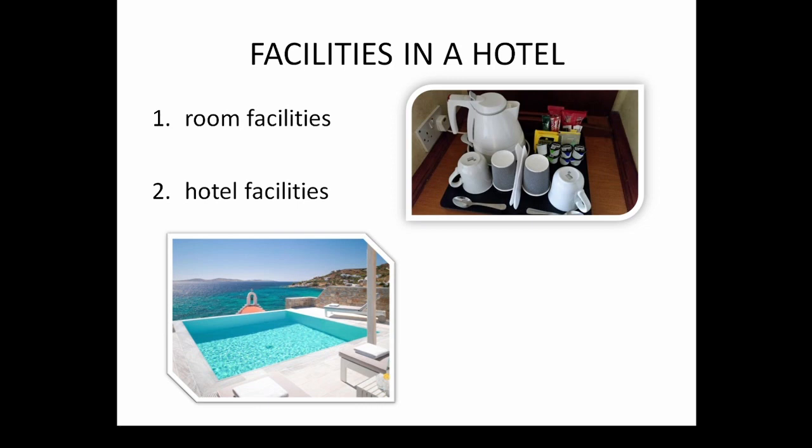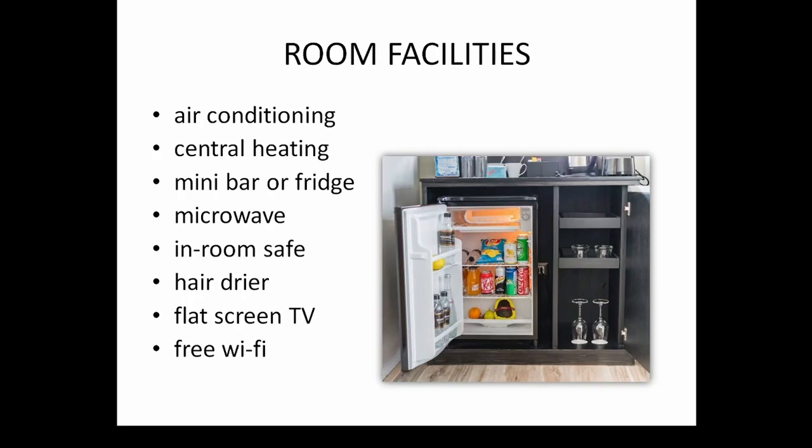Room facilities are all those small things that make your stay in your room comfortable. For example, a room facility is air conditioning or central heating. Also, another example of room facility is a mini bar or a fridge.